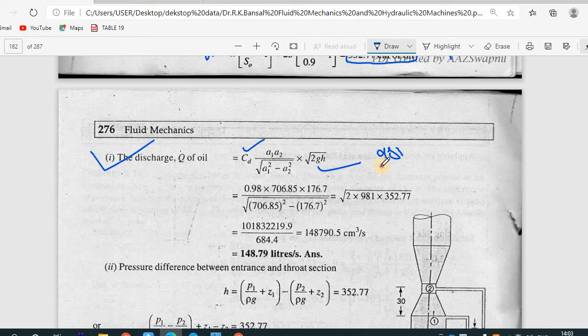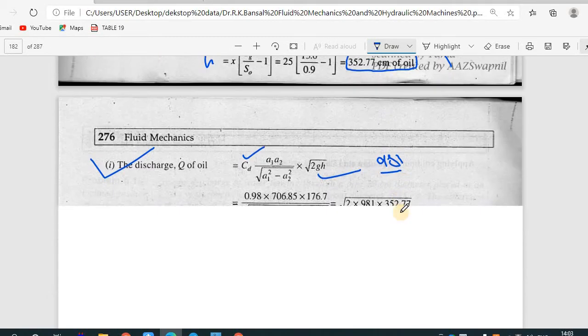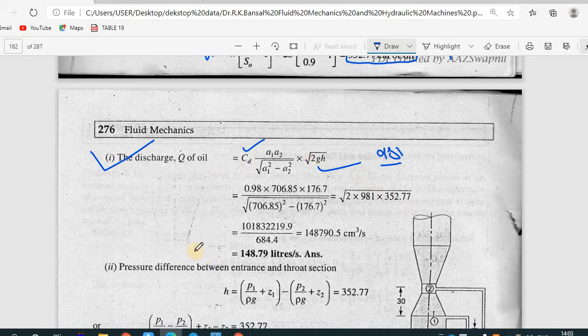So this will be 981, and h value is 352.77. We'll put all these values in and get the discharge value. The value comes out in centimeter cube per second, but we need to convert it into liters, so divided by 1000, that will give you 148.79 liter per second.